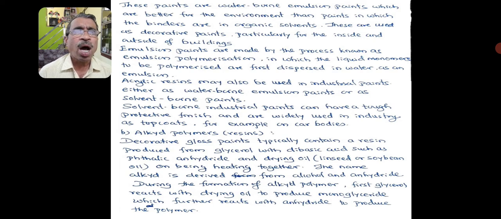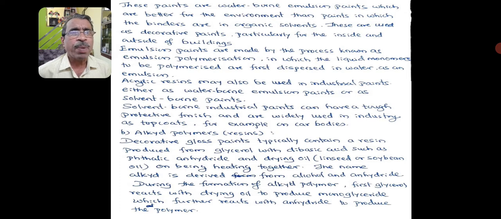Emulsion paints are made by the process known as emulsion polymerization, in which the liquid monomers to be polymerized are first dispersed in water as an emulsion. Acrylic resins may also be used in industrial paints, either as waterborne emulsion paints or as solvent-borne paints.